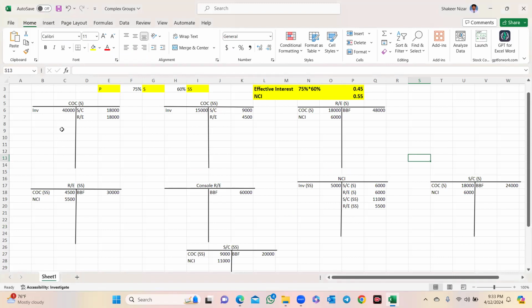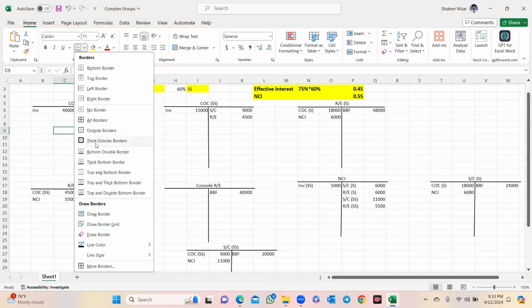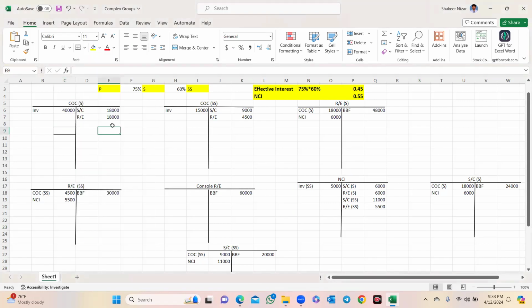Now we can compute the consolidation adjustments. Here you can see the goodwill is 4,000.